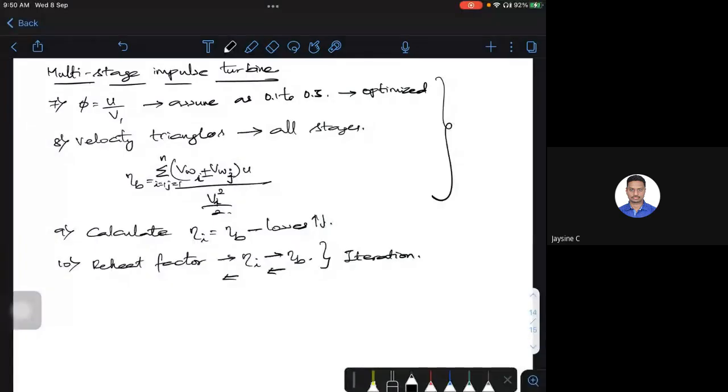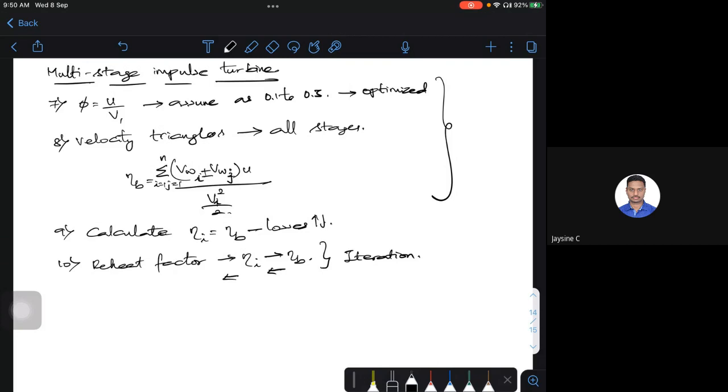Sir, this reheating factor you said, we will do a lot of iteration. In terms of multiple stages, is the iteration done based on the quality of steam? When it is expanding in a multi-stage turbine, the quality of the steam will come down, and that's why we want to start with superheated steam. Once I go for multi-staging, 3 stage or 4 stage, we may end up with wet steam.